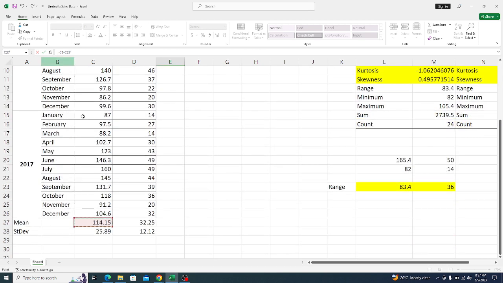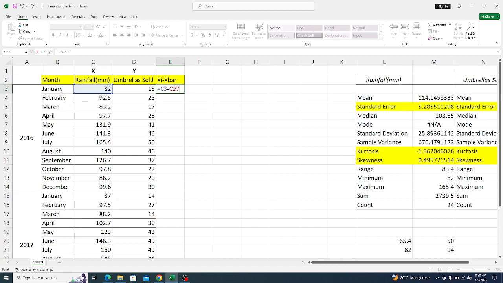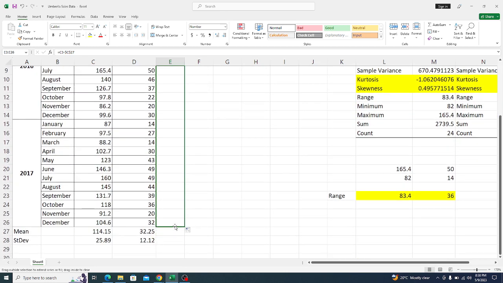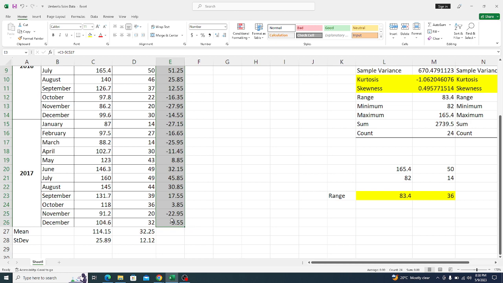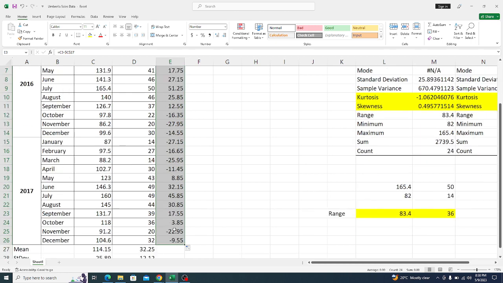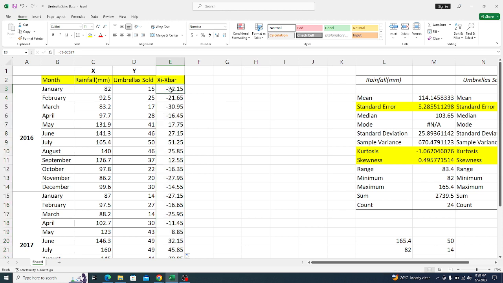Since we've already calculated the value of x bar, we will have to lock these cells. To lock these cells, you put a dollar sign at the beginning of the cell, and also between the alphabet and the numbers. Then you run. Once you run, you can drag down up to the end of the data. All right.